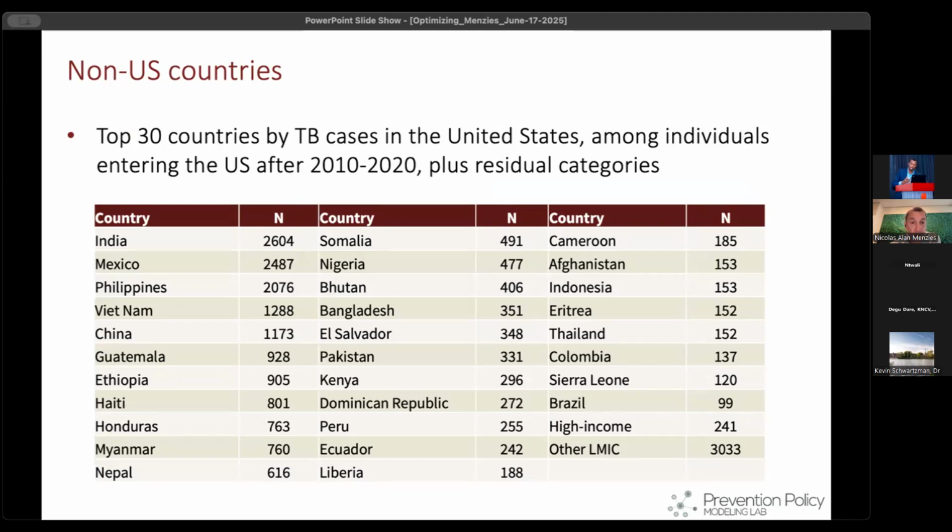In the period from 2010 to 2020, India was actually the top country in terms of TB cases, with Mexico second. India, Mexico, Philippines, Vietnam, and China are the five focus countries for the United States in terms of TB amongst migrants, related largely to the number of migrants, but also to their TB exposure before coming to the United States.